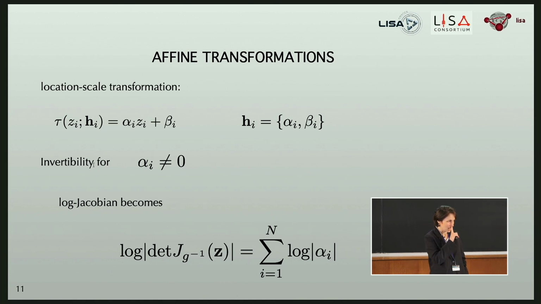So let's look at an example of such flows. For example, if we make an affine transformation, which means that we do the scaling and shifting, we see that the log Jacobian of such a transformation is just the sum of the scale values.